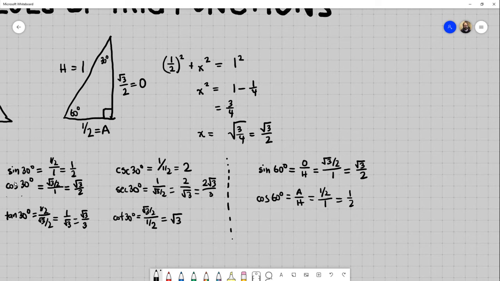The cosine of 30, the complementary function, has the same value. The complementary function of the complementary angle has the same value. Let's see, tangent of 60 degrees would be opposite over adjacent, which is root 3 over 2, divided by 1/2, which is root 3.